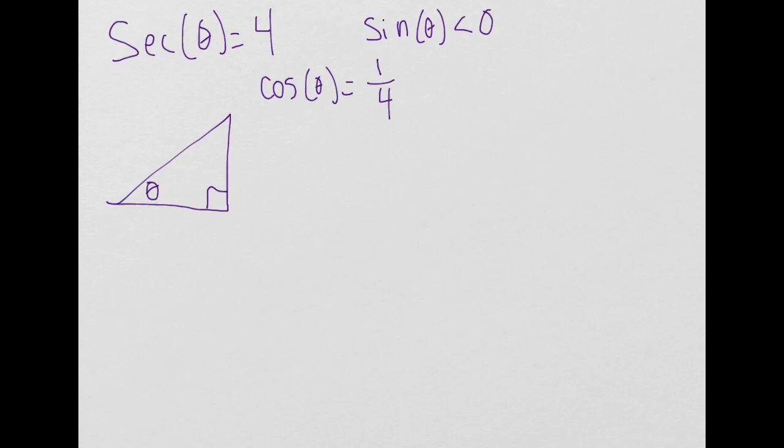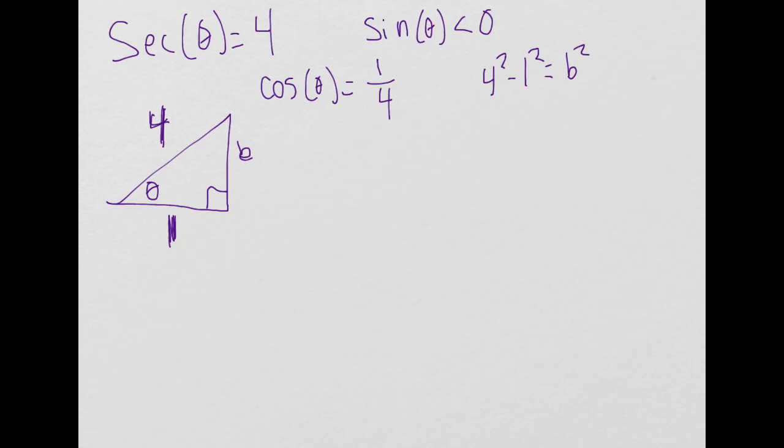Cosine is adjacent, one adjacent side over the hypotenuse, right there. So to figure out this third side, we need to do a little Pythagorean theorem, and we're going to get 4 squared minus 1 squared equals that side, let's call it b squared.